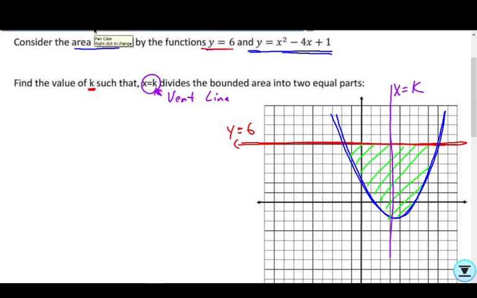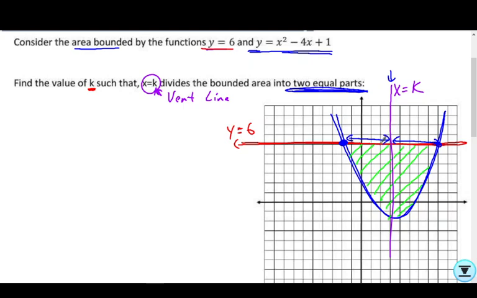So this part right here is the main clue on what you're going to do: you're going to have two equal parts. You're going to have one area that starts here and ends here, and then another area from here to here.